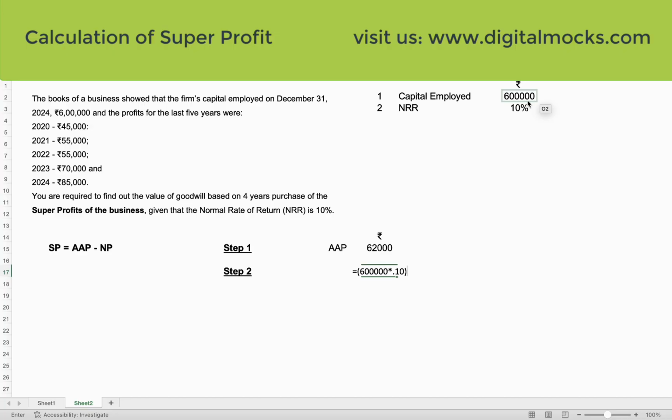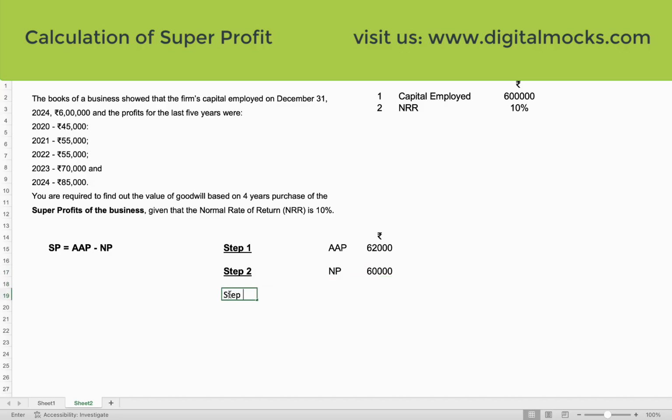I can easily earn interest at the rate of 10%. So how much can I earn without any risk? That is called normal profit. So 60,000 I can easily earn from the bank. So that is called normal profit. Let me tell you again how I calculated: capital employed multiplied by normal rate of return, that is 10%. So we got our normal profit.